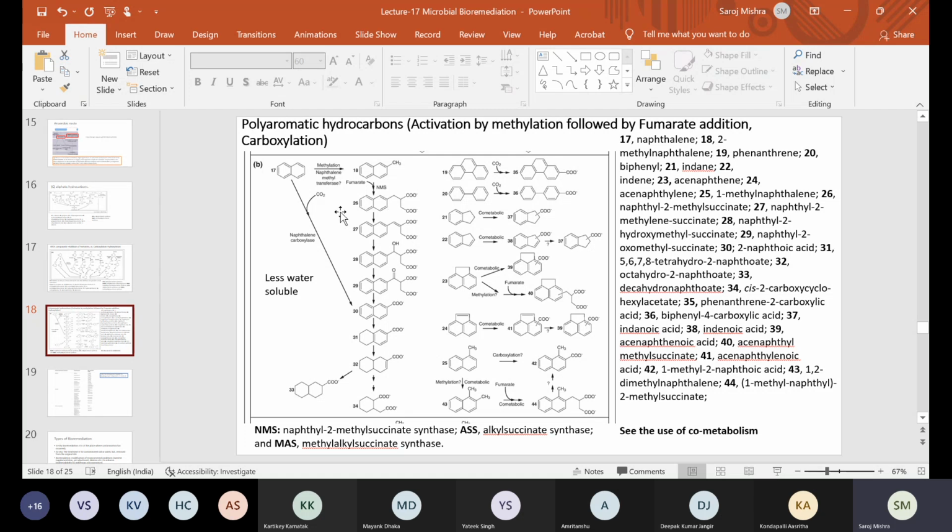And as I said earlier, either carbon dioxide is added to them, like you see here, naphthalene carboxylase, naphthalene benzoic acid, or fumarate can be added to it. And eventually you have naphthalene benzoic acid, which can then be metabolized. So either carbon dioxide addition, there can be co-metabolism, or there can be fumarate addition. All right, so fundamentally, this is what you are supposed to remember.